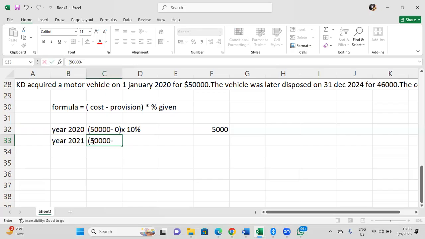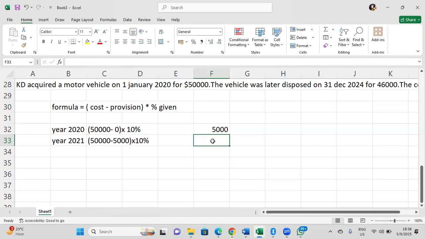In the second year, the provision is the total depreciation of the previous years, so it would be 5,000. You remove the total depreciation of the previous years, then you multiply by the percentage. So that's 50,000 minus 5,000, that's 45,000 times 10%.